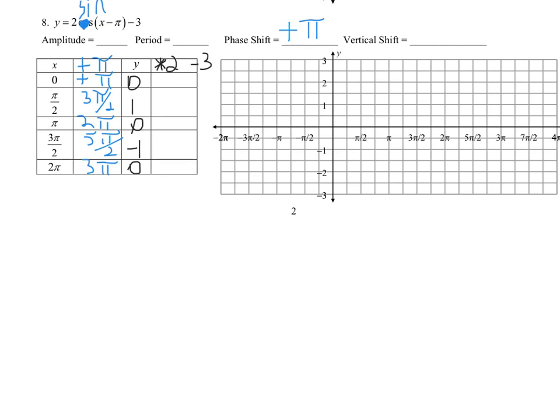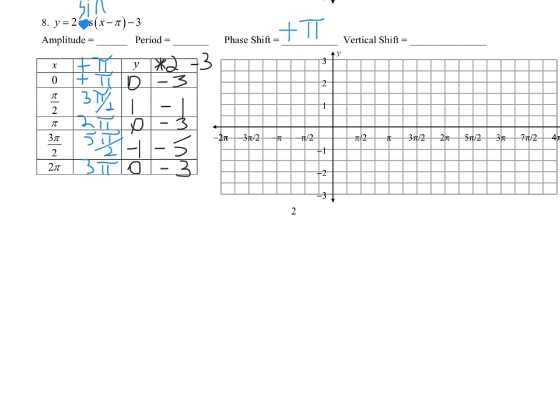So 2 times 0 is 0, minus 3 is negative 3. 1 times 2 is 2, minus 3 is negative 1. 0 times 2 is 0, minus 3 is negative 3. Negative 1 times 2 is negative 2, minus 3 is negative 5. And then 0 times 2 is 0, minus 3 is negative 3.